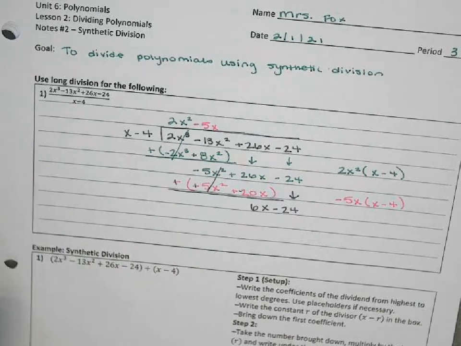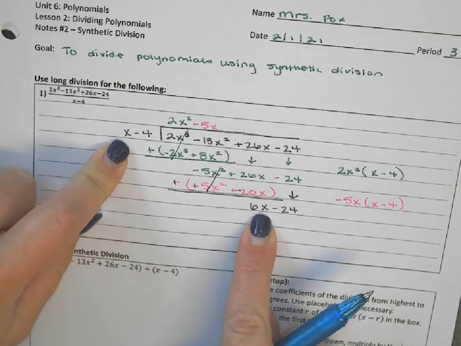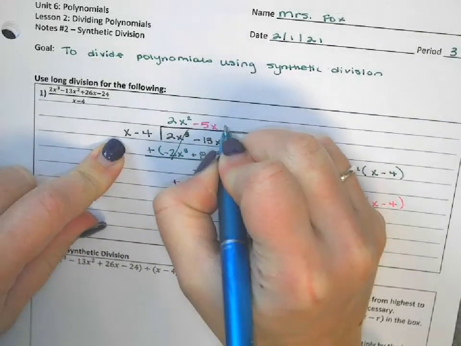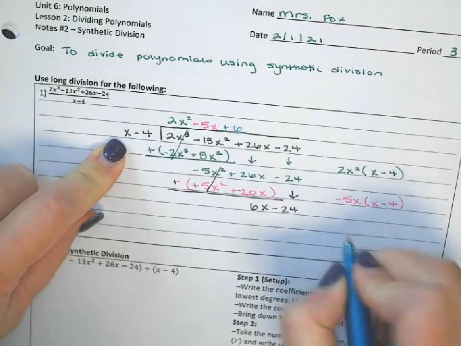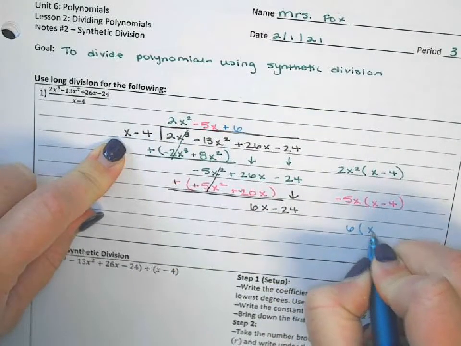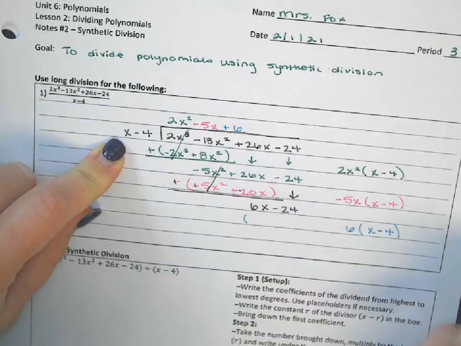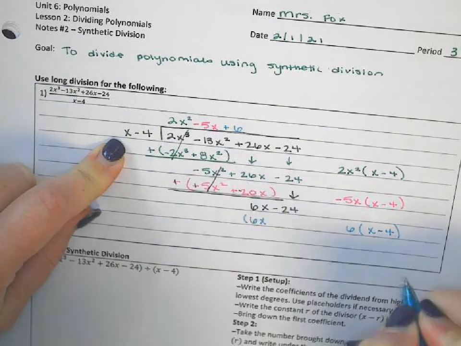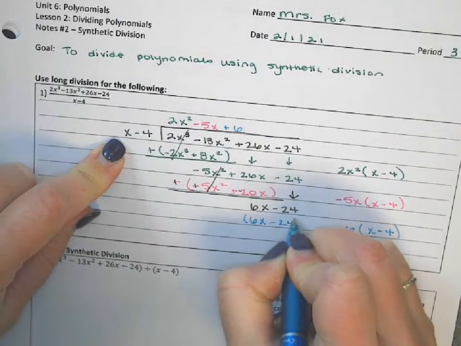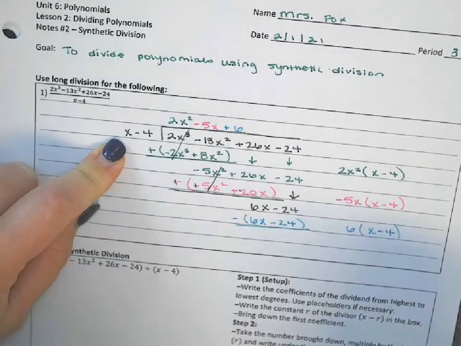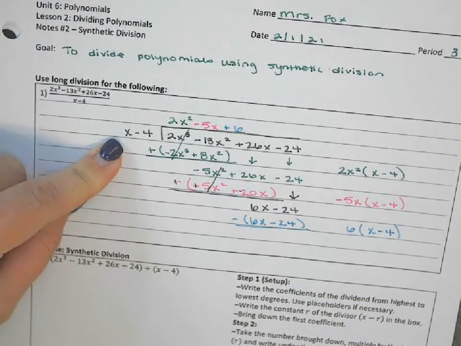Now my last time I go through the algorithm, I'll do it while we're up here. X times what gets you 6x? A positive 6. So I'm going to have 6 times that x minus 4. That answer is 6x minus 24. So I'm going to be subtracting that binomial.